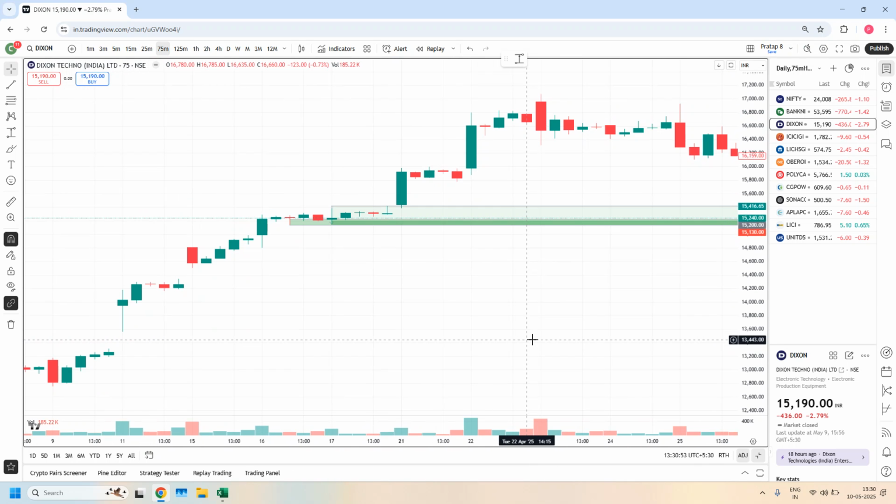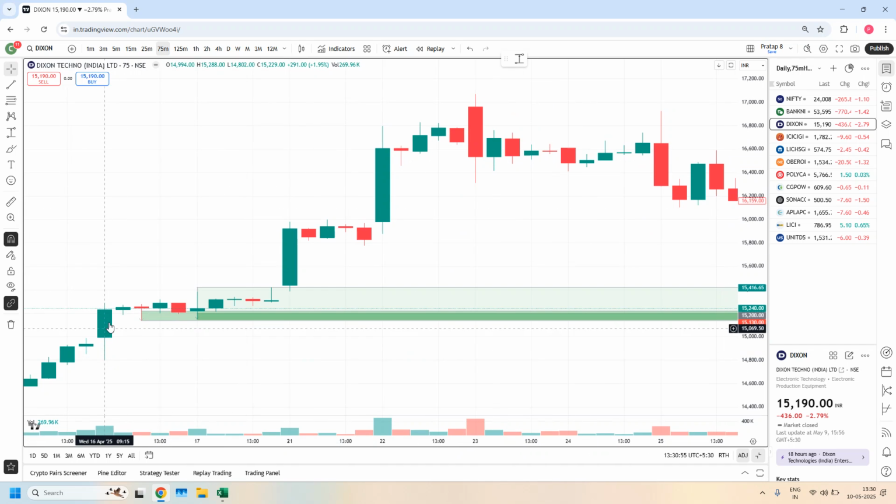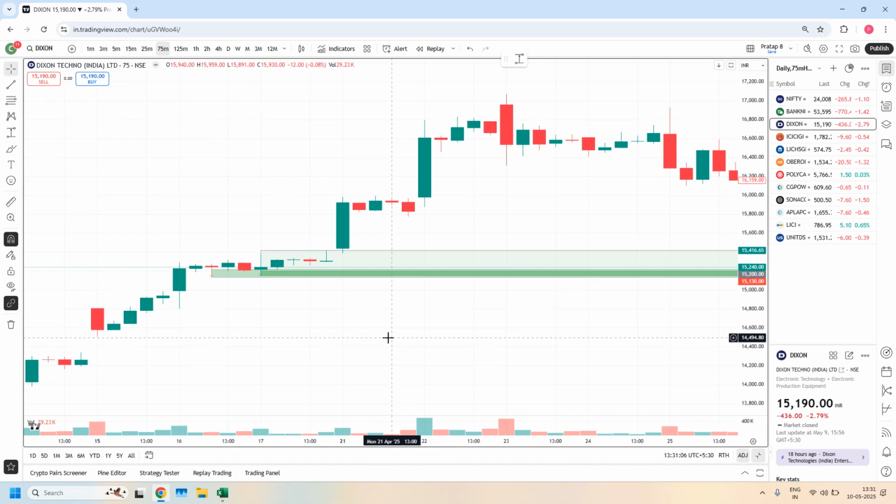So the 75-minute structure is not good, because see here, we have a rally and 1, 2, 3, 4, 5, 6, 7, 8, 9 base candles. If anybody considers this candle as having a less wick, if you consider it a drop, then your 75-minute zone and daily zone are almost the same.